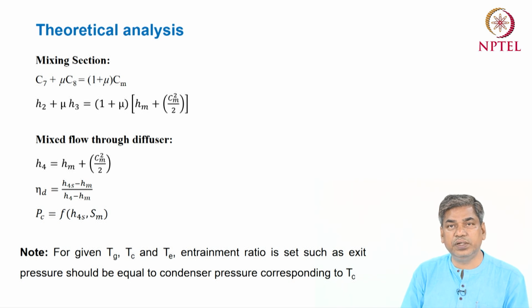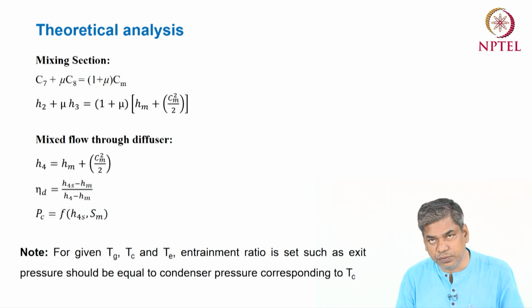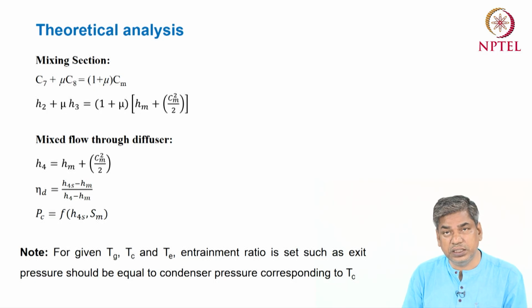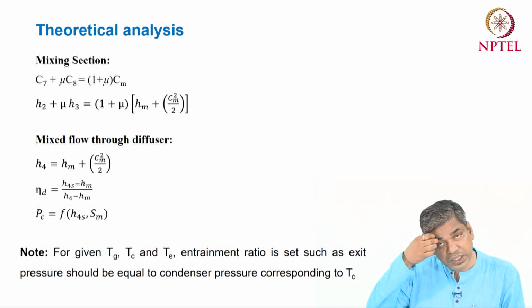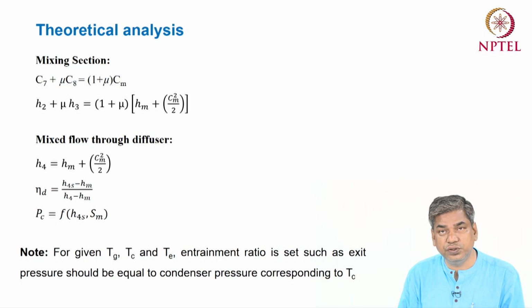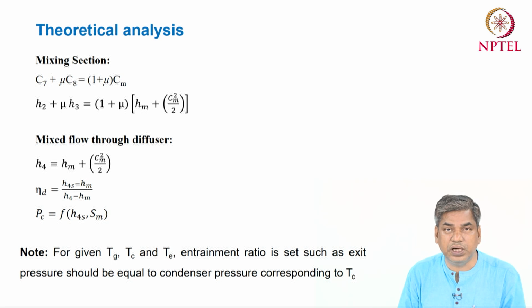C7 is the inlet velocity of the primary fluid in the mixing section, and C8 is the inlet velocity of the secondary fluid at the inlet of the mixing section. And if mu is the entrainment ratio, then C7 plus mu C8 is equal to 1 plus mu into Cm. So Cm is the velocity after the mixing.